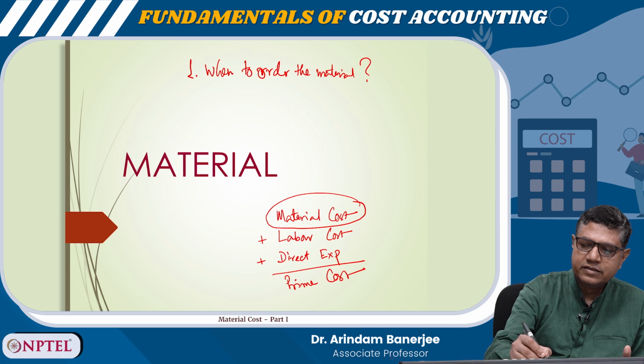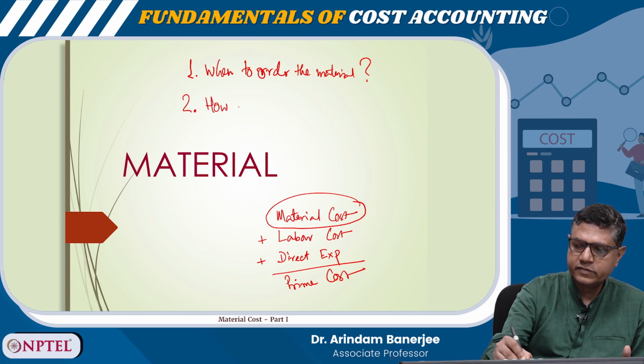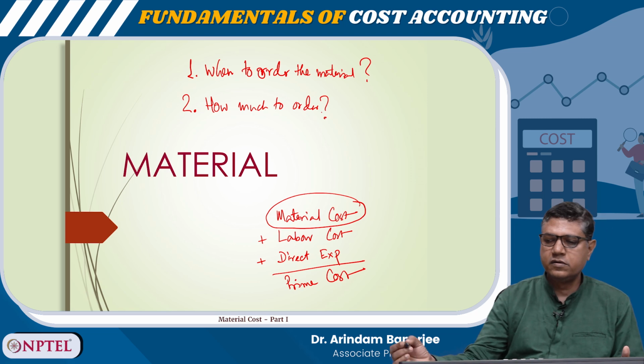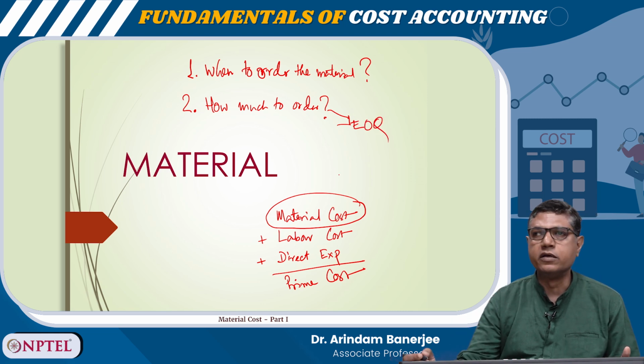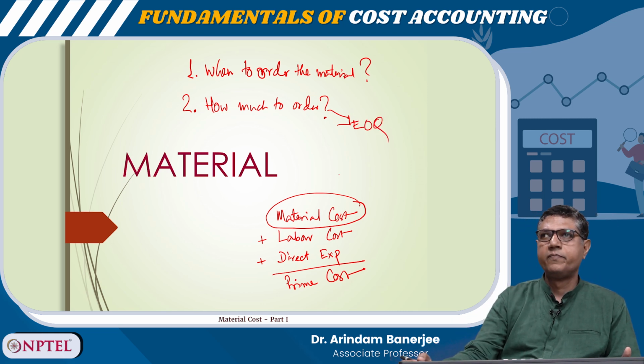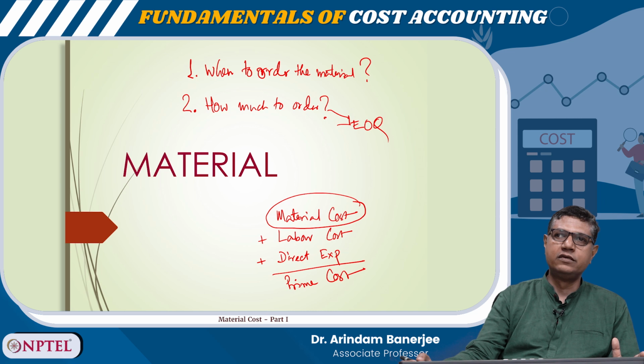Then the second important question is how much to order. Here primarily we will discuss one concept which is called economic order quantity, or EOQ. So these are the two major questions we will try to answer.